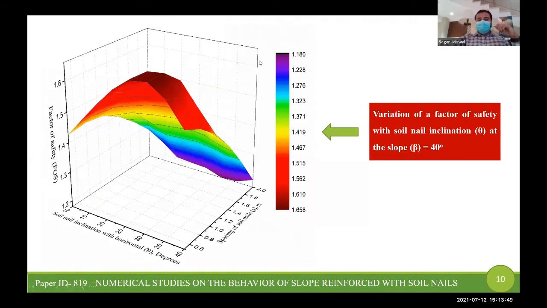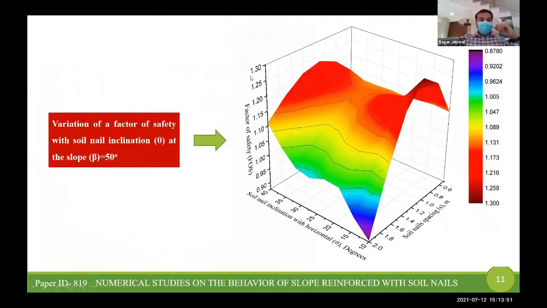Similarly, this has been performed for beta equal to 40 degree and beta equal to 50 degree. In all these simulations, it has been found that, for example, if beta is equal to 50 degree, the soil slope angle, and theta is equal to 50 degree, the angle of soil nails, then the factor of safety is maximum.